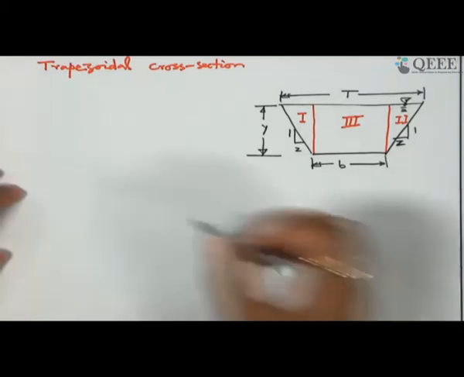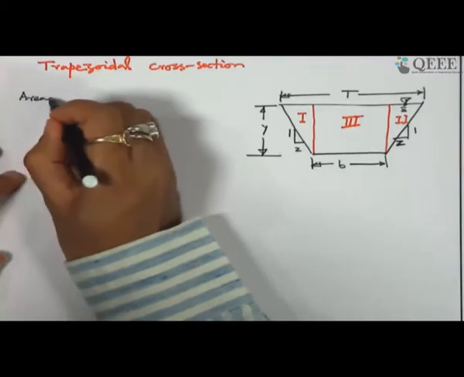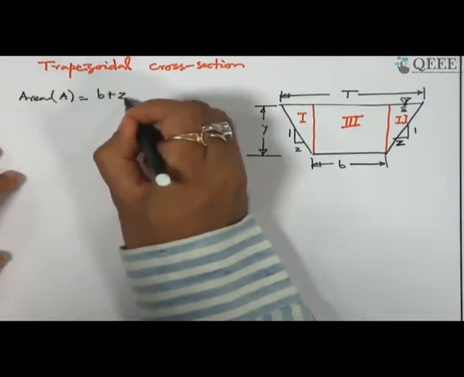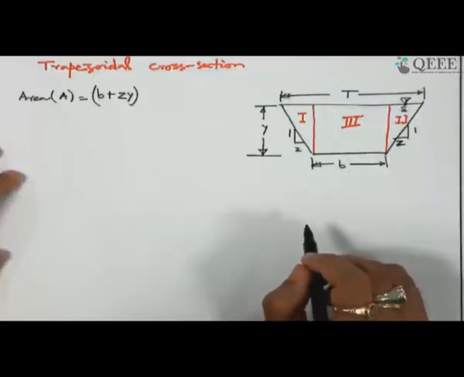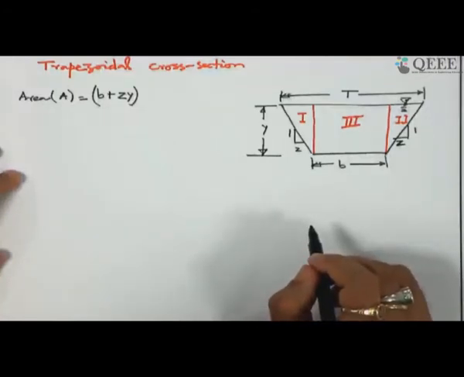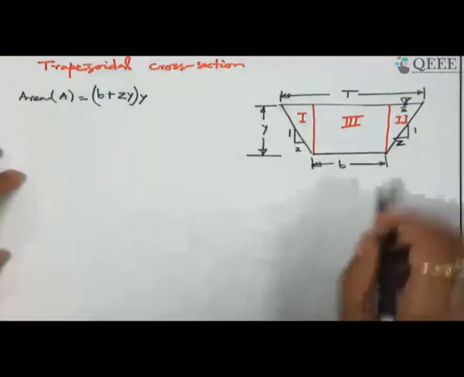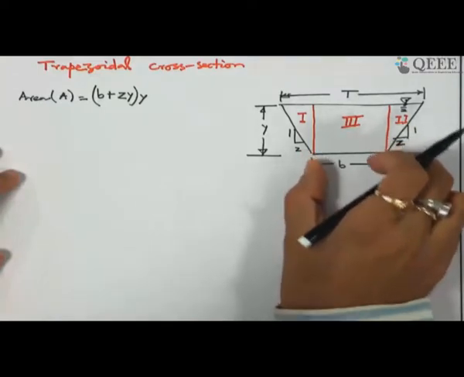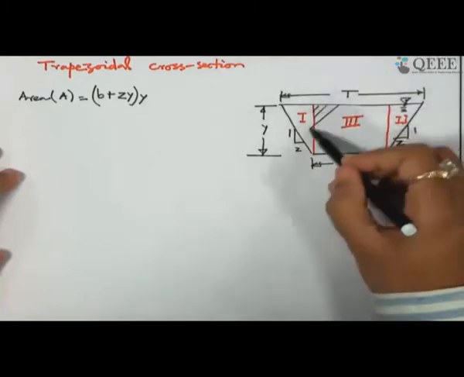So, the area is B plus ZY into Y. B is the width of the middle portion, and Y is the depth. So, we are considering this area.